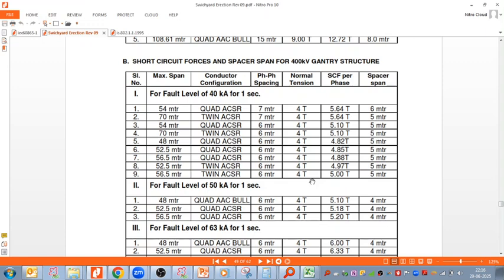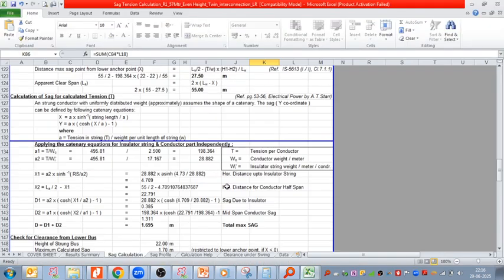Whereas they told me that instead of taking this reference, in their company they perform one sag and tension calculation first.